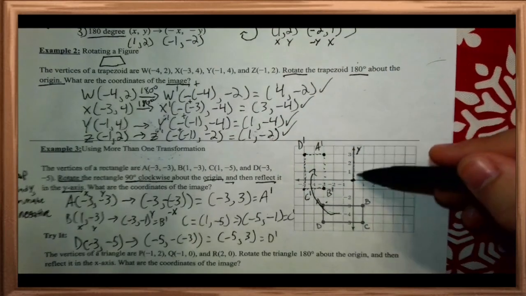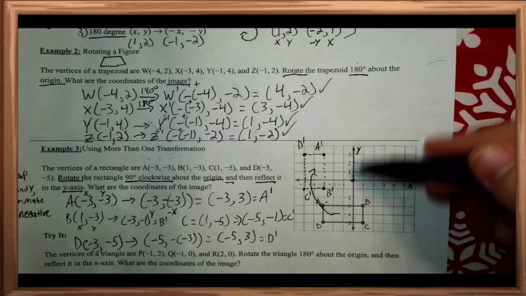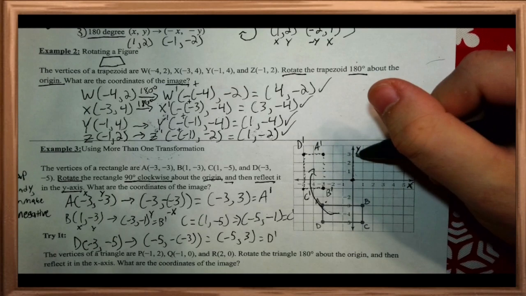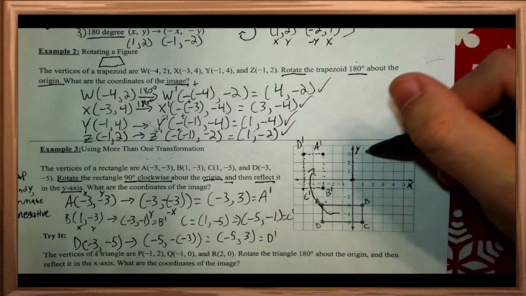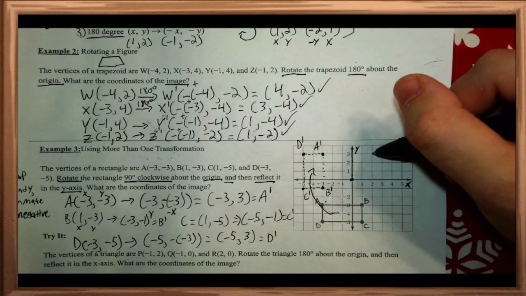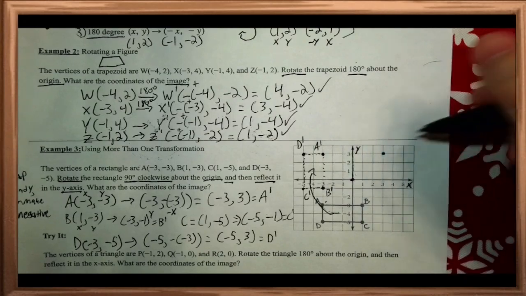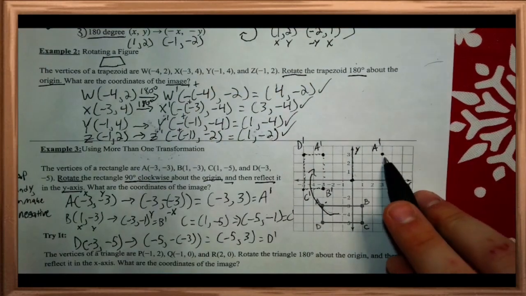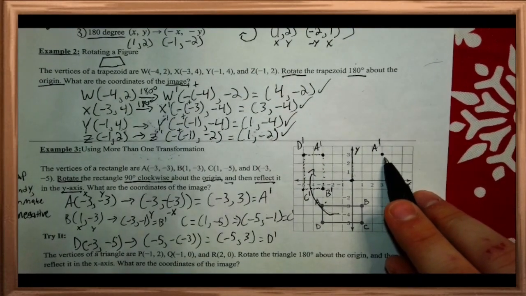And we're not moving up or down here. We're worried about the distance from the axis. So if it's left 3, the reflection is the opposite direction, but the same distance. So that's going to be our actual reflected A prime.